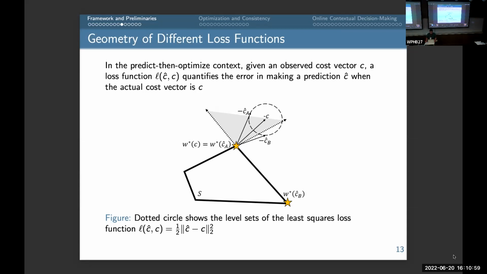So that's a level set of the least squares loss function. What that means is that these are all the points where the least squares loss is the same around the true value of C. So a loss function that might give you a prediction of C hat A or might give you a prediction of C hat B, with respect to the least squares loss function, those two predictions are exactly the same, completely indifferent with respect to the least squares loss.